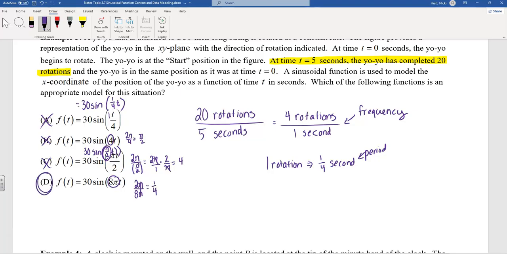This is what we're looking for right here. Okay, questions?